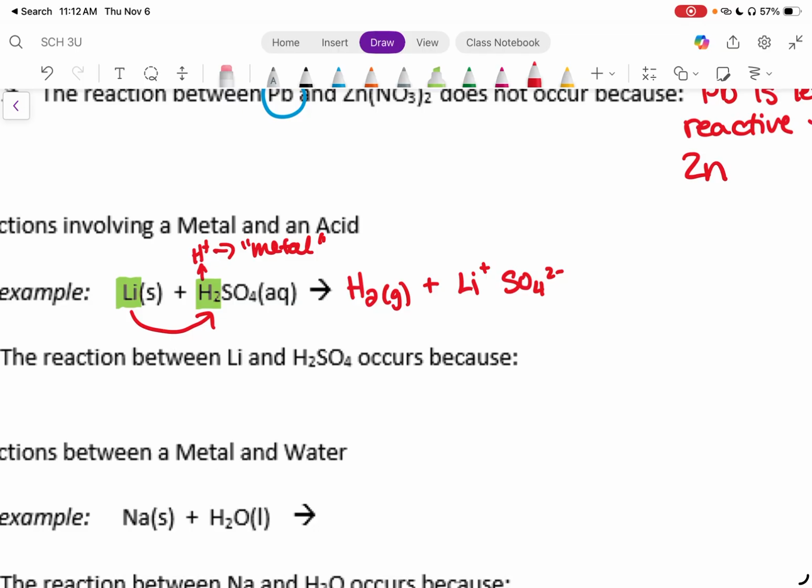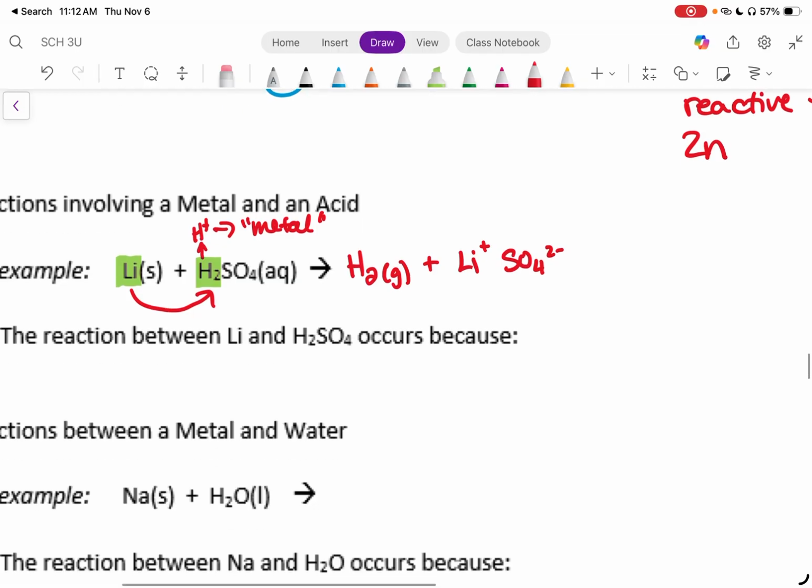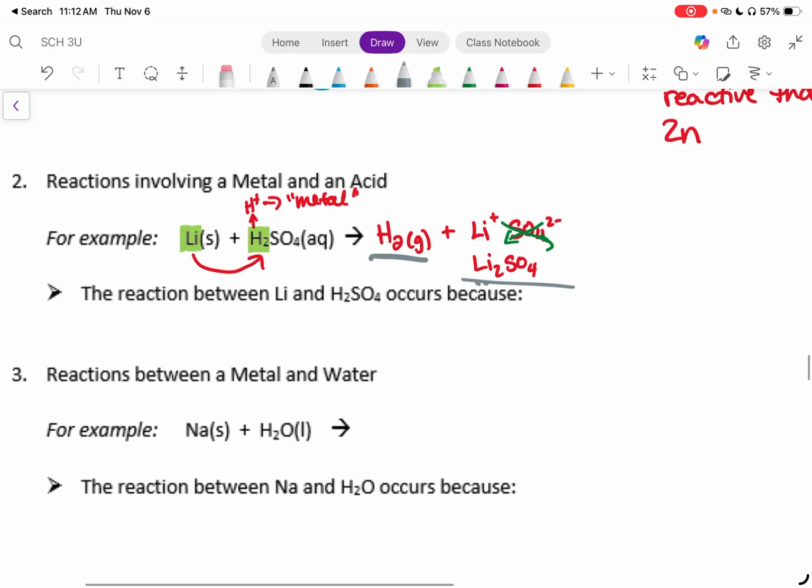So when I do my crisscross, I will end up with Li2SO4 from my crisscross of my charges here. So I will end up with hydrogen gas and lithium sulfate.